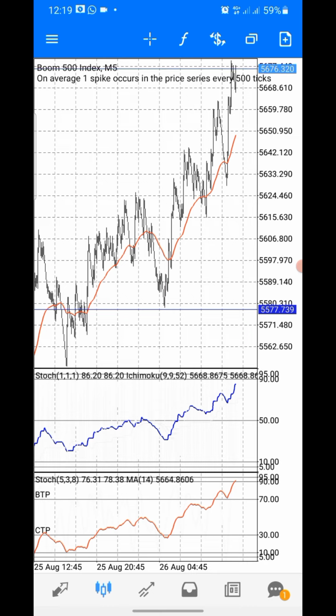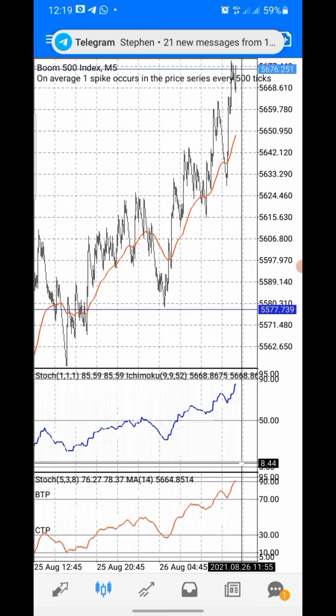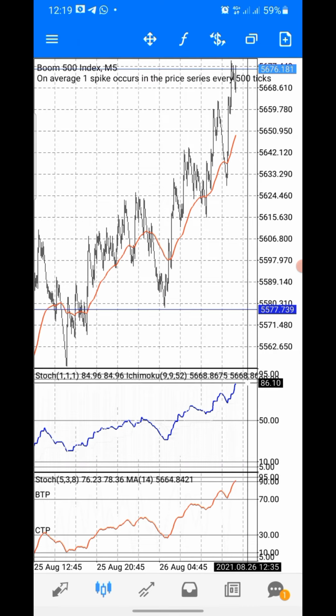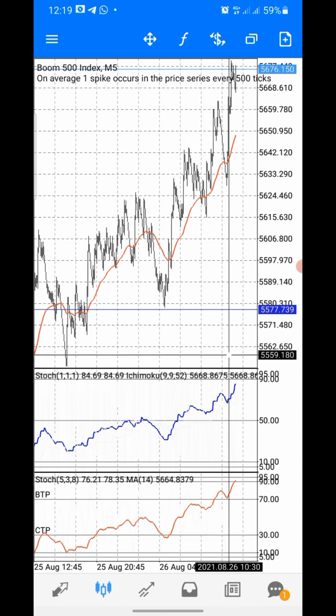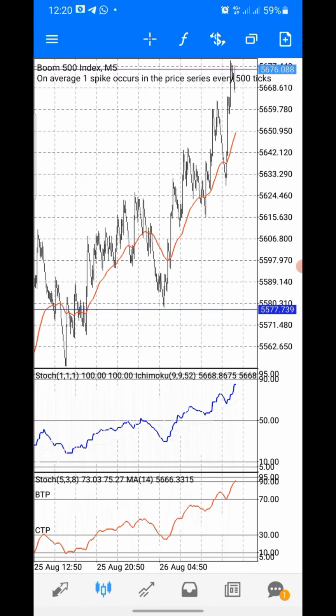So once the conditions are met, once the Ichimoku and the moving average are within the selling zone, which is 95 and 90, we then hop in for a sell. And I can tell you that this strategy is working. As you saw earlier, it's a live account that we're trading.